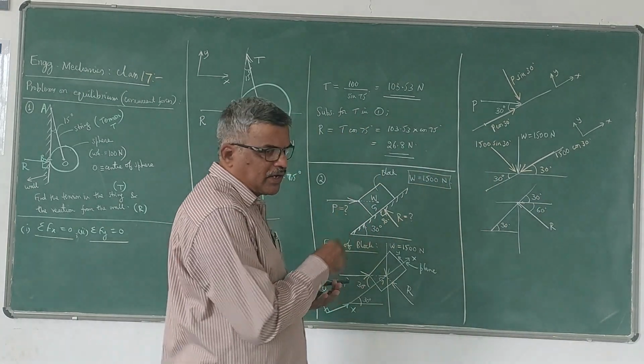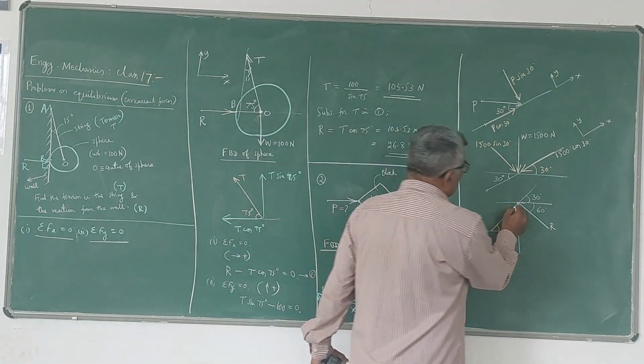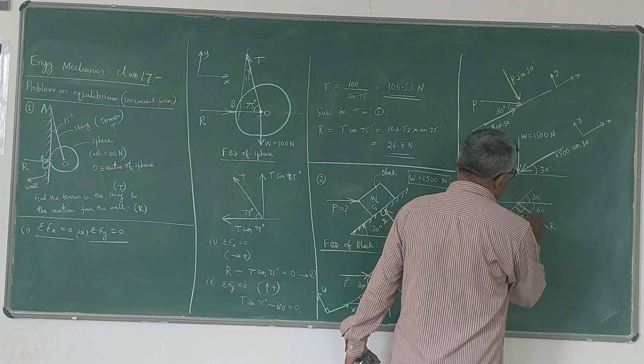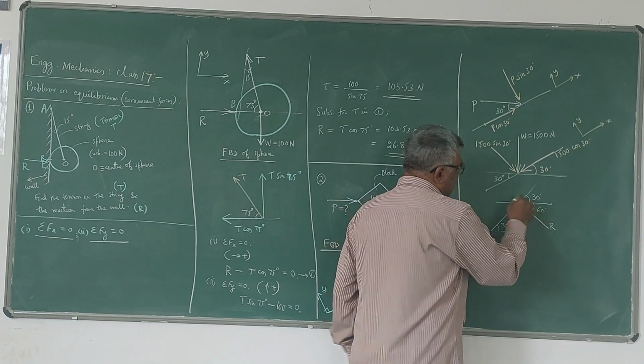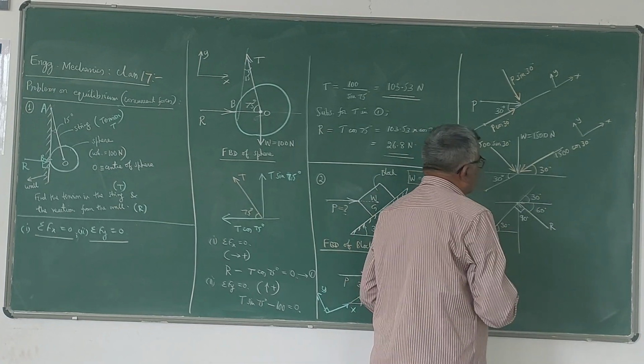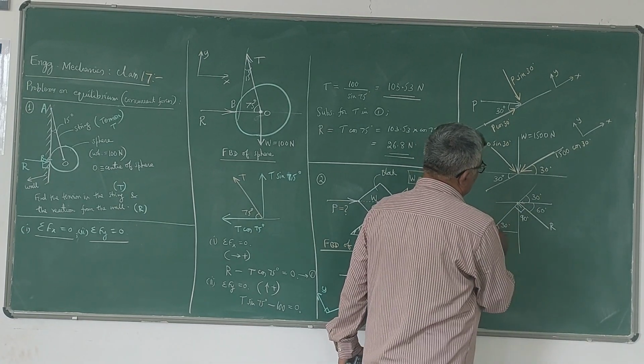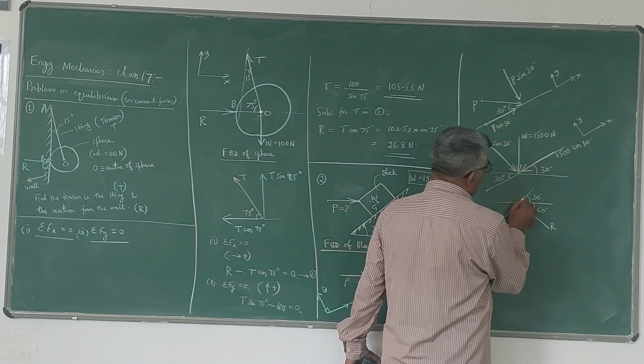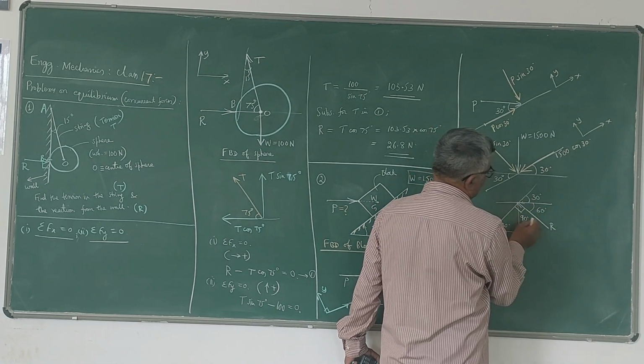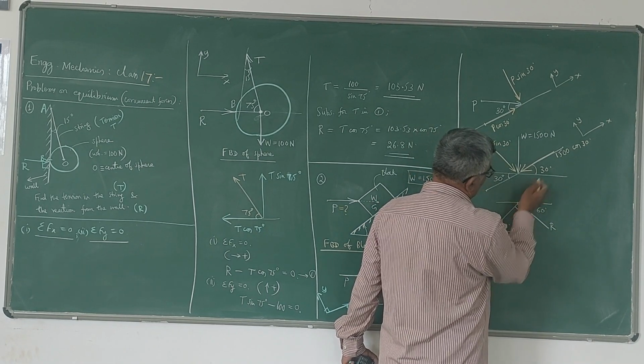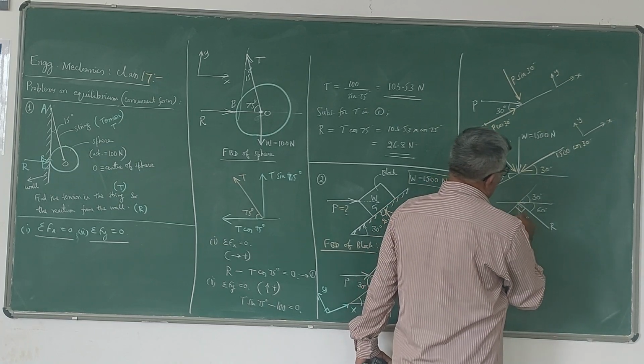See how I have done it, because this R is at 90 degrees to the plane. So this becomes 60. When this is 60, if you resolve this force into two components, I have resolved this force along this and this direction.